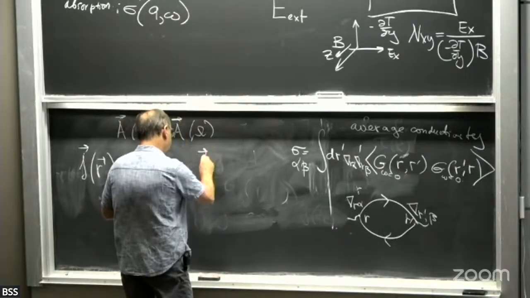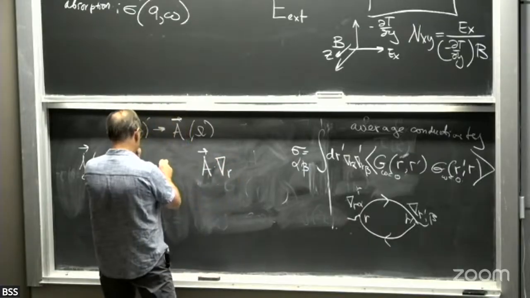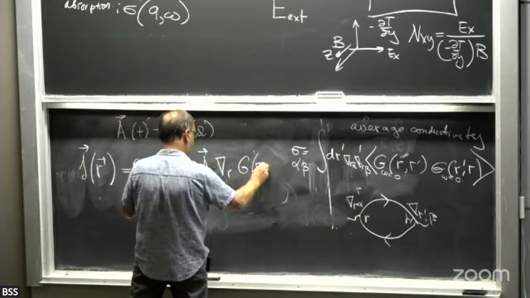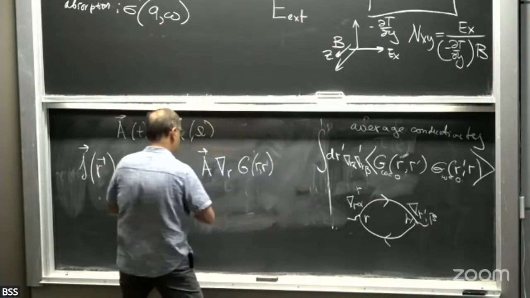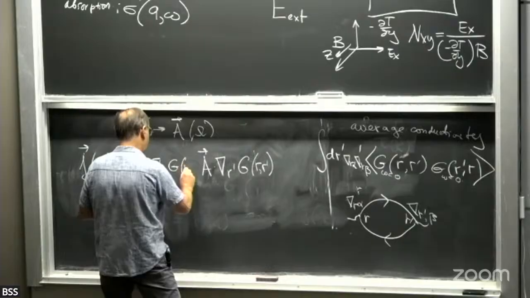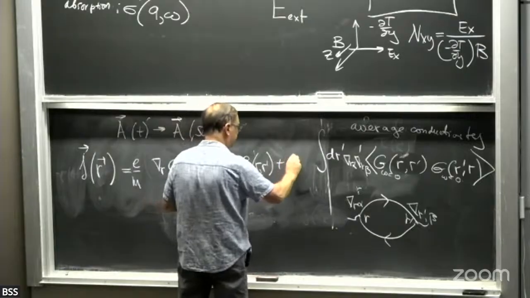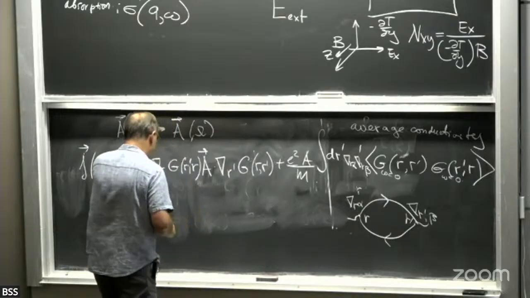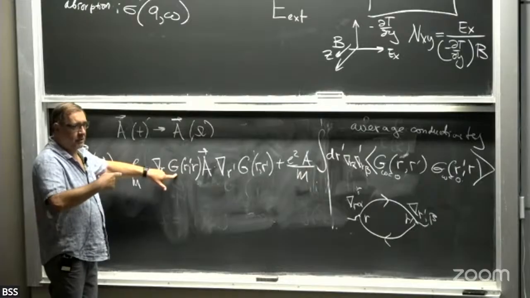Okay, so here I have A del_R acting on G_RR'. Here I have del_R' of G_R'R, plus the diamagnetic term, which is just proportional to the vector potential. So you can think about one wave function.